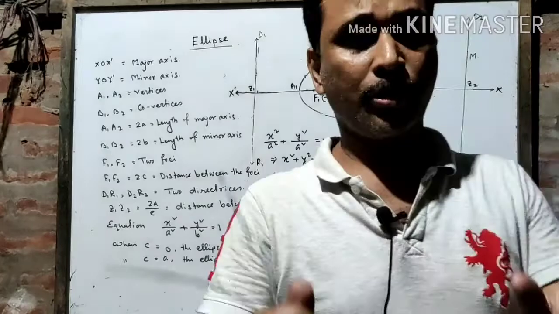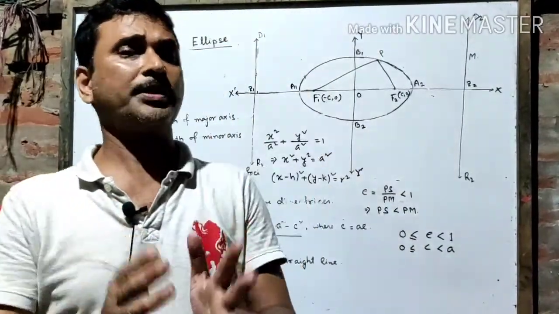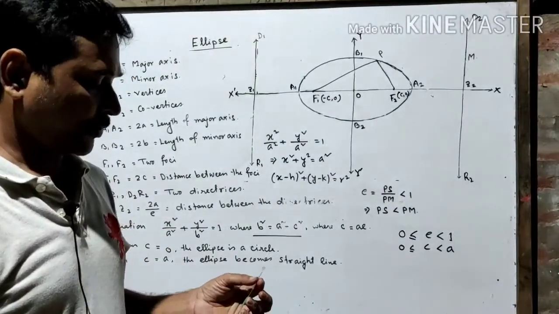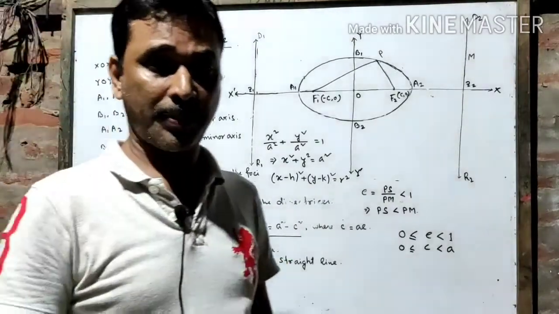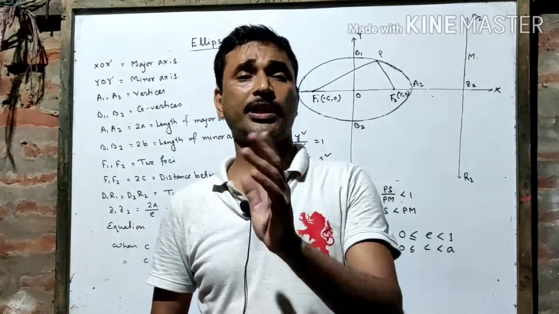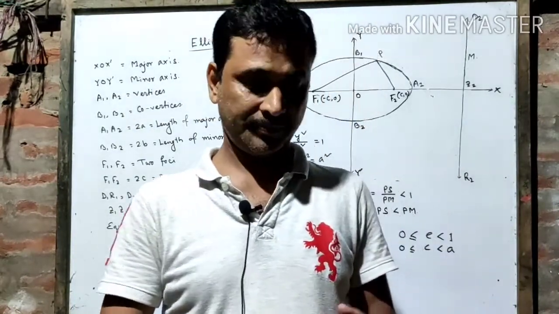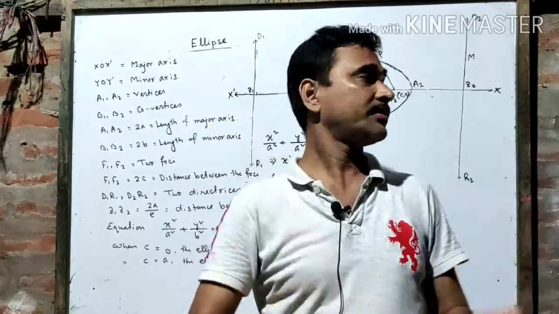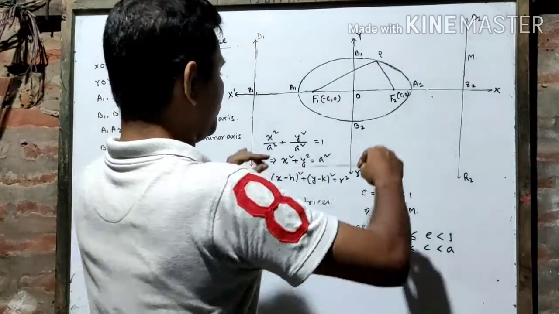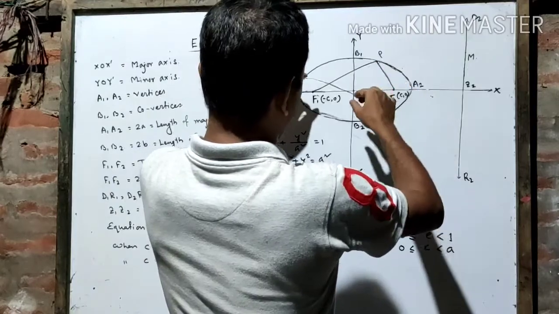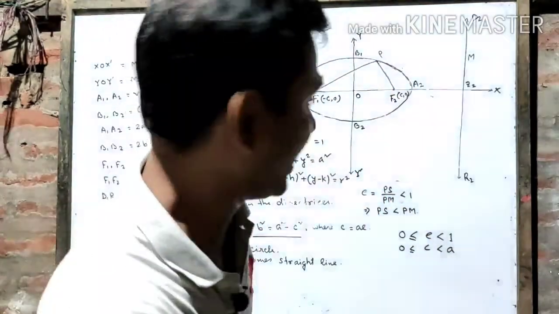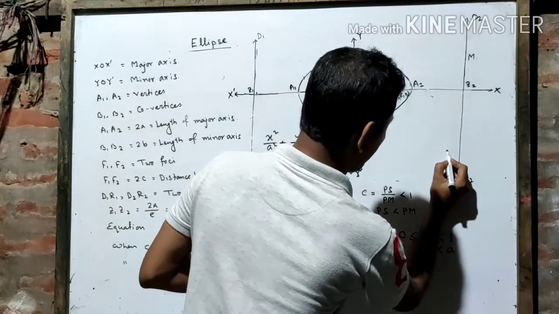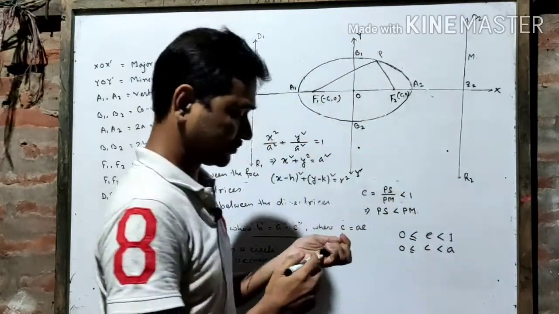Now we are going to discuss an important property of ellipse. Before discussing that property, let me tell you how you can draw an ellipse. You take a thread like this. You fasten this thread to two nails on a wooden plane.